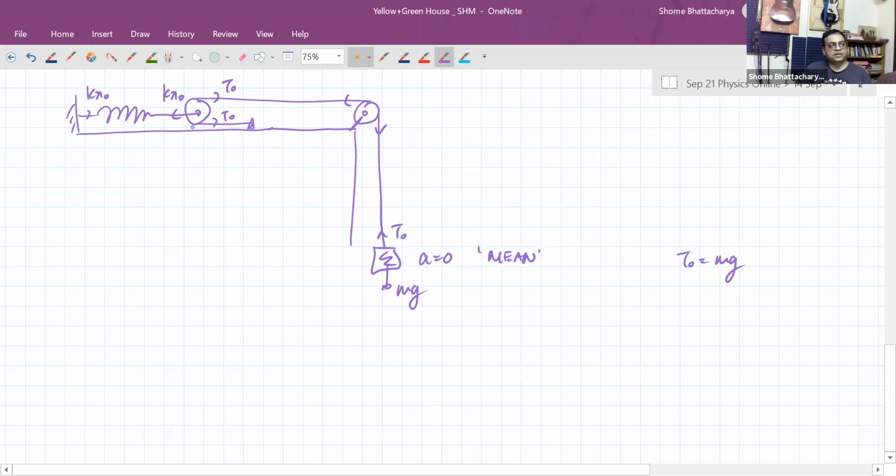Let's say in the equilibrium condition, the spring has an extension of x0. So we have K x0 is equal to 2T0.